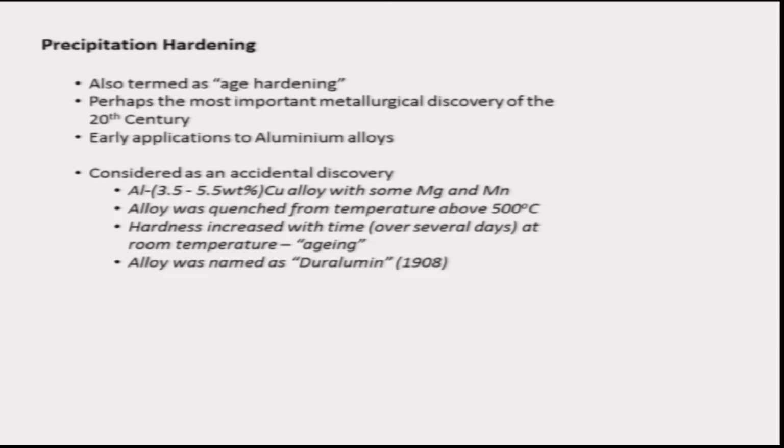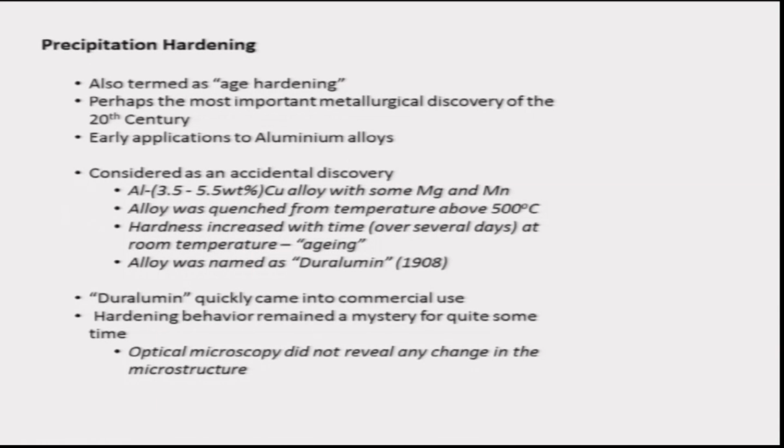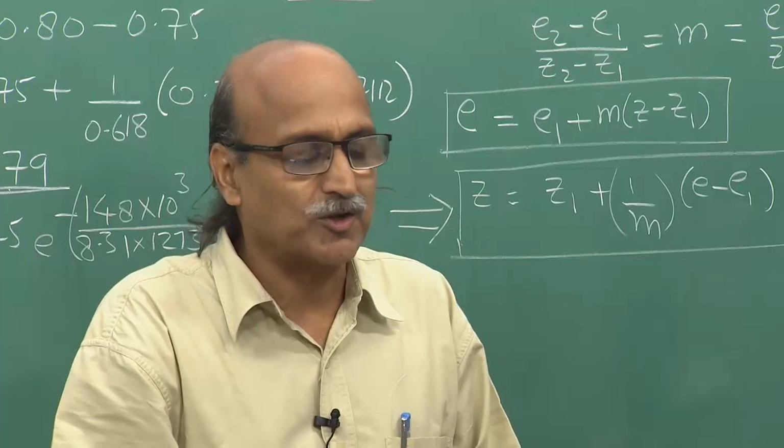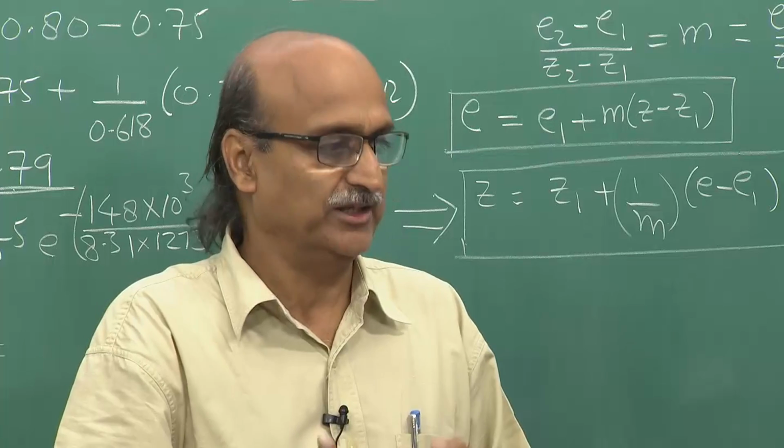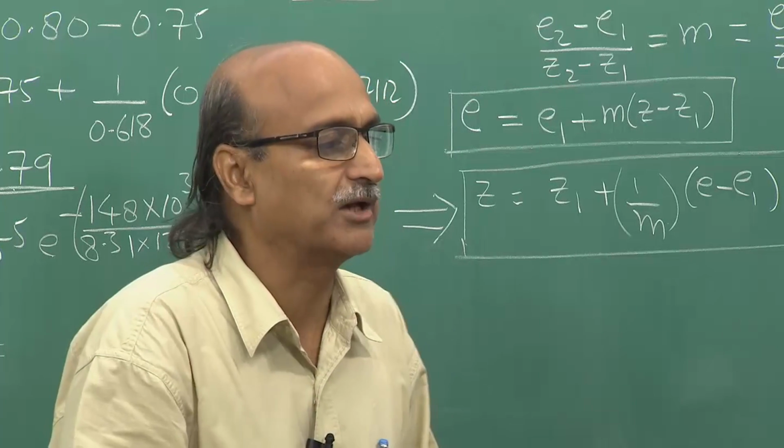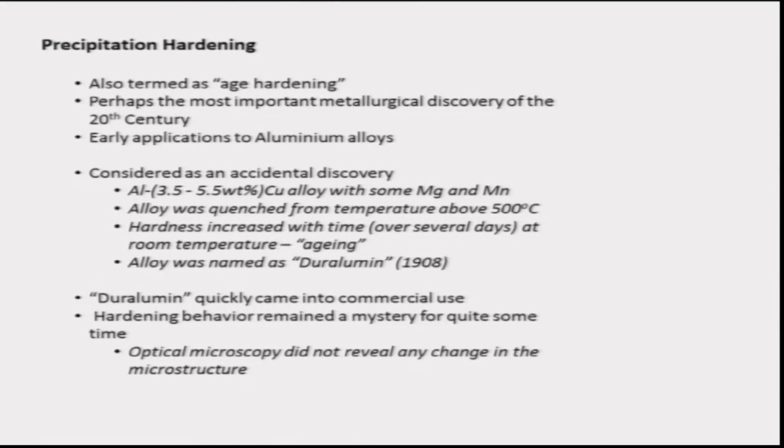Even today this alloy is used extensively. So, duralumin quickly came into commercial use. Of course, the hardening behavior remained a mystery for quite some time, as the optical microstructure showed no change, so people did not know for quite some time what was happening to the material.